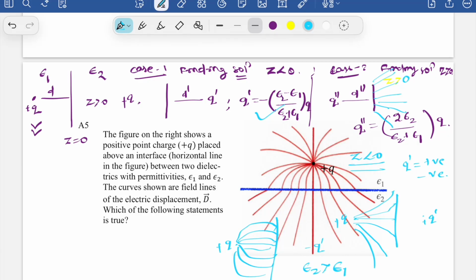And if the image charge q prime is negative, then the induced charge, which is physically induced on this surface, would have a net negative charge, and here it would be positive.